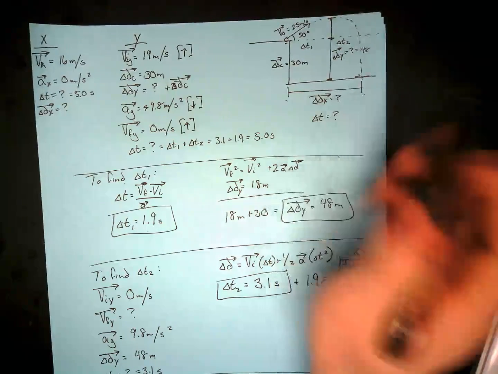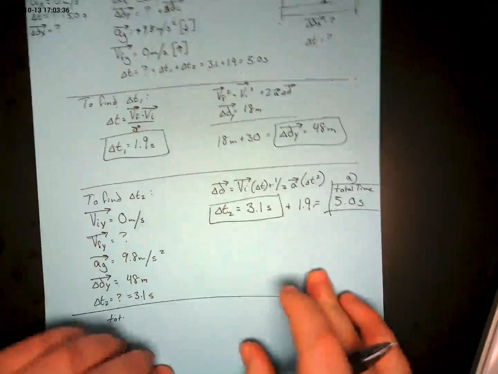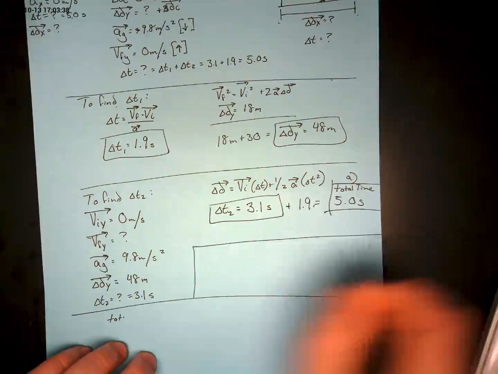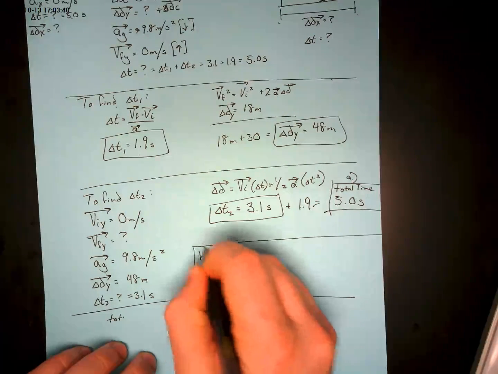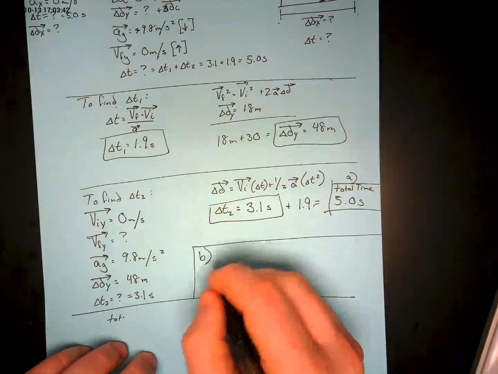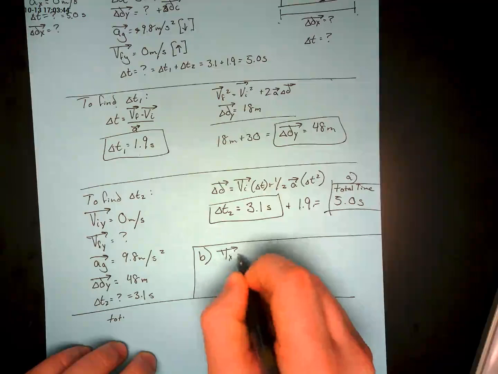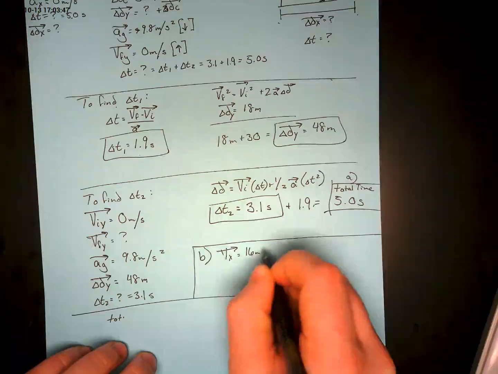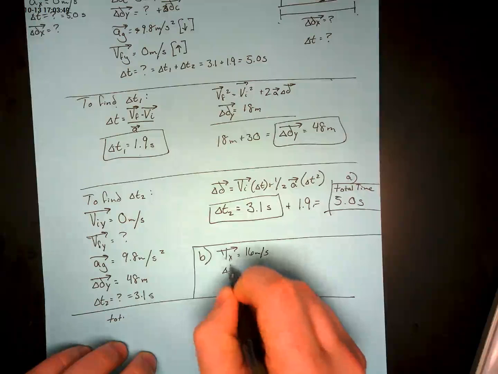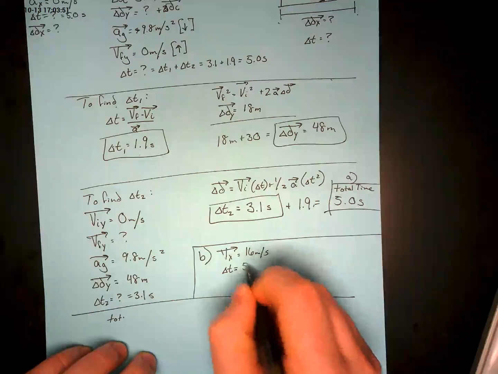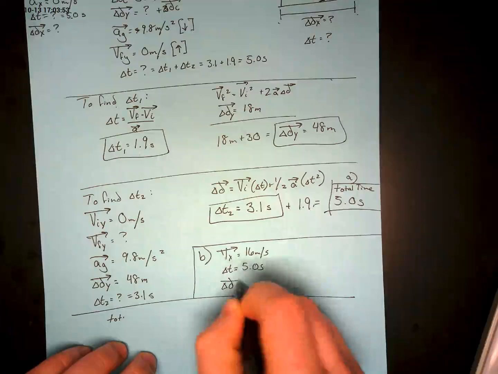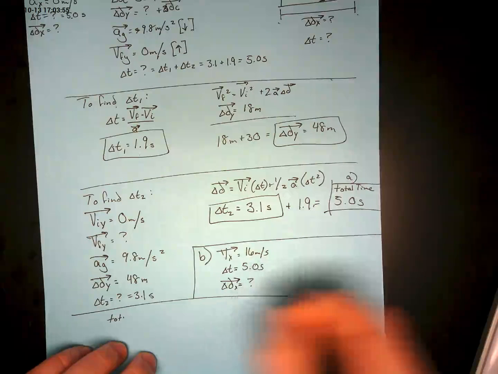So from here to here, what is our range? I'm going to use this space in here to find the range. So this will be B. Same thing, we have our x velocity, 16 meters per second. We now have the time. Total time is going to be 5. Now we just have to find D, the x displacement, because we don't know what that is.